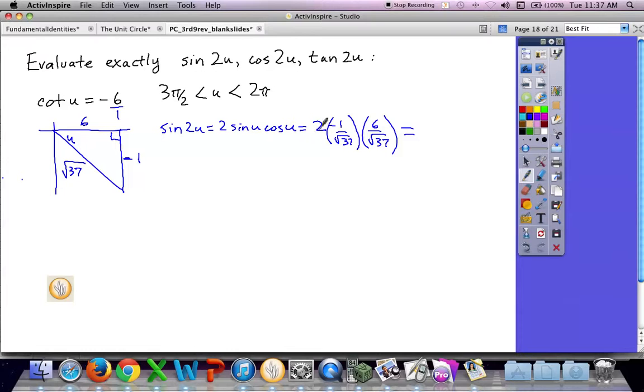So this is 2 times -1 times 6, -12 over 37, because the square root times the square root just gives us 37.